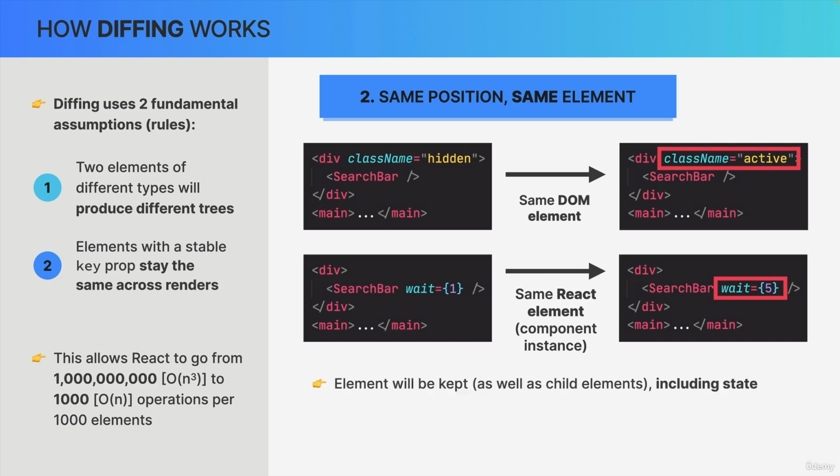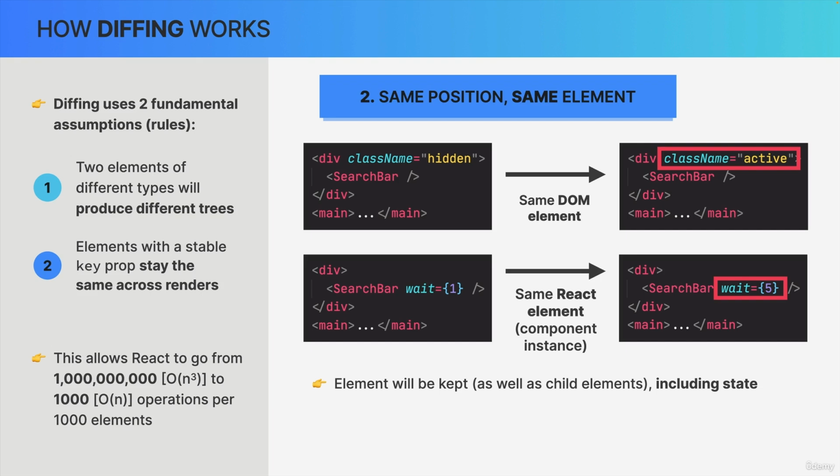And that includes all child elements and, more importantly, the component's state. Now this may sound pretty obvious, but it actually has some important implications in practice. So, again, the same element at the same position in the tree stays the same and preserves state. And it works like this for DOM elements and for React elements as well.